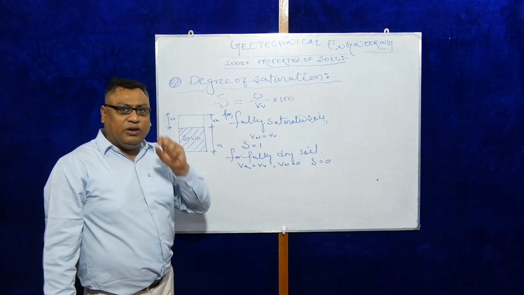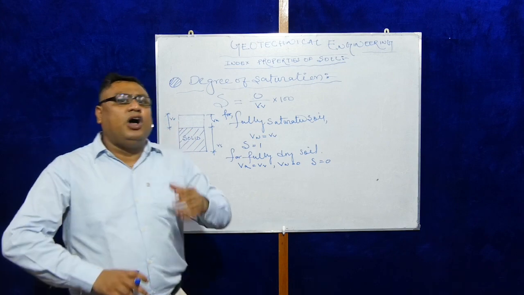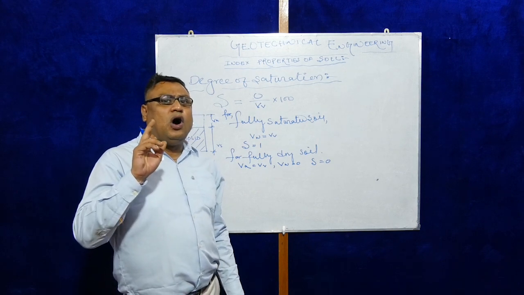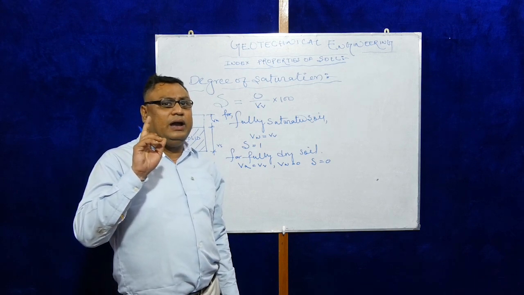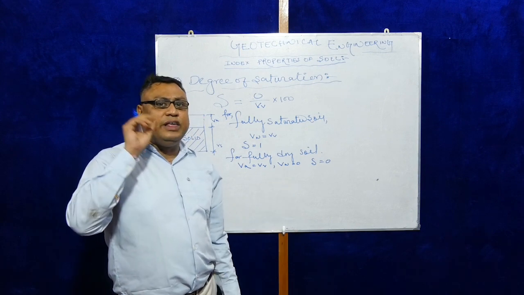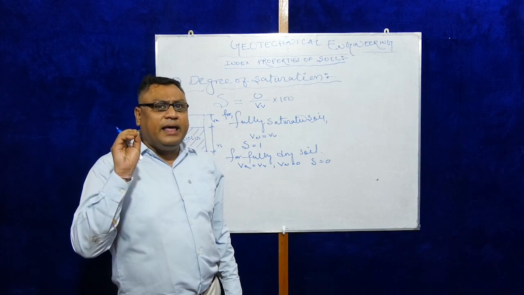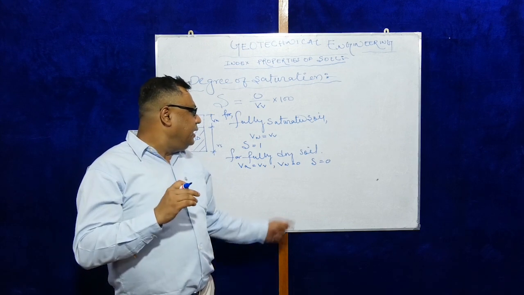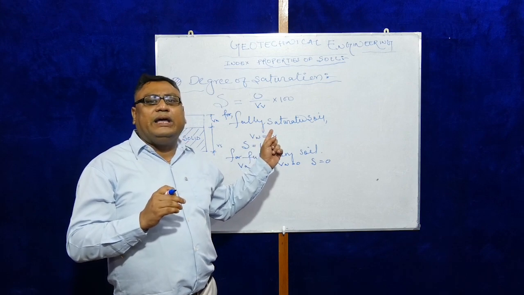of saturation is 0. The upper limit of degree of saturation is less than or equal to 1, and the lower limit is equal to 0. Lower limit means minimum value is equal to 0, and upper limit less than or equal to 1.